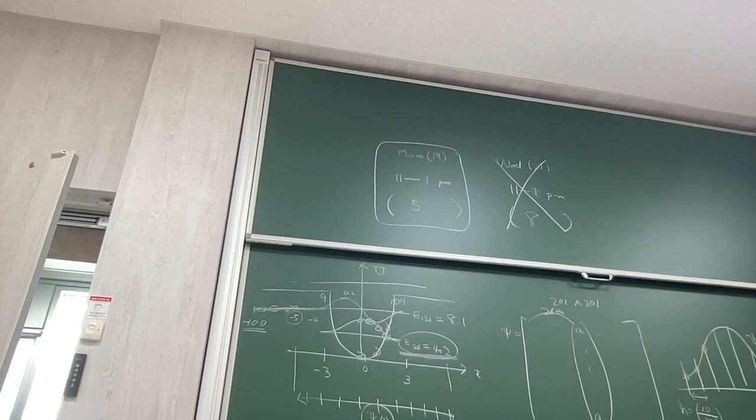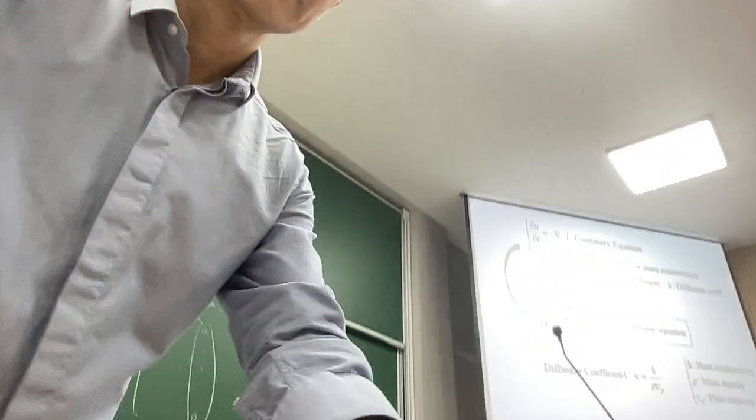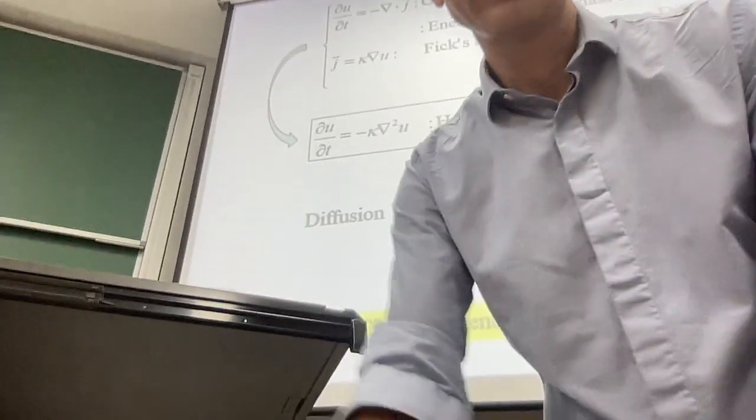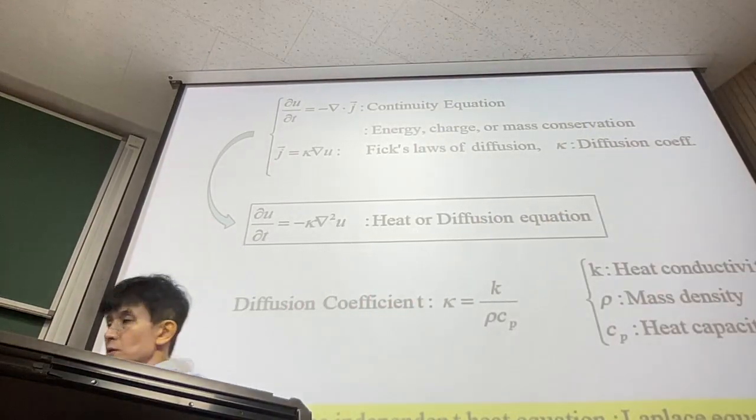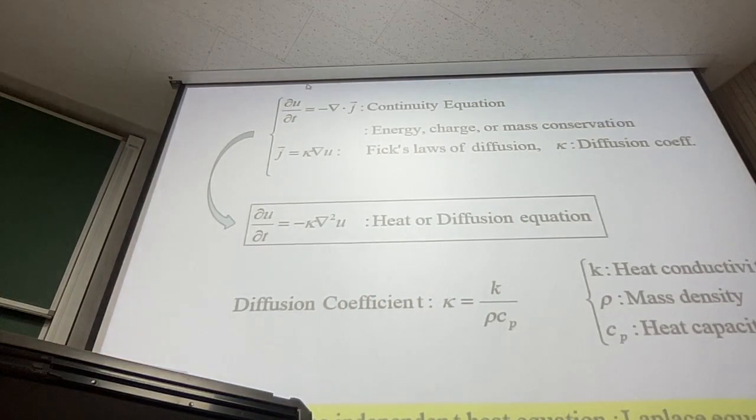The time derivative of the temperature U at a given point of a material is given as the divergence of J, and J is K times the gradient of U, where K is the heat conductivity.